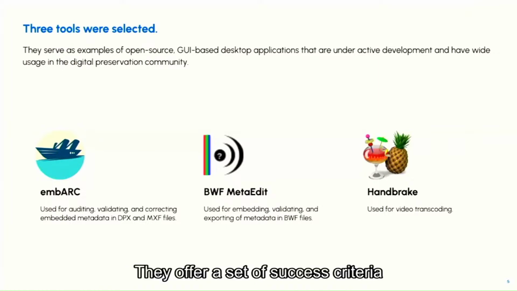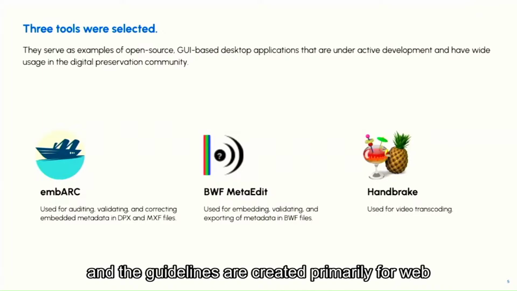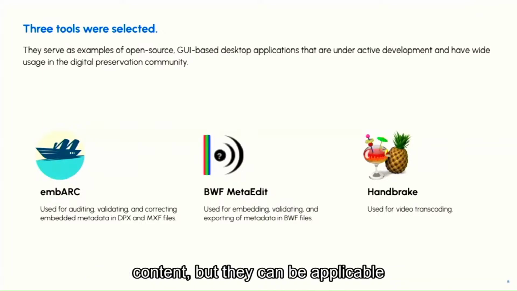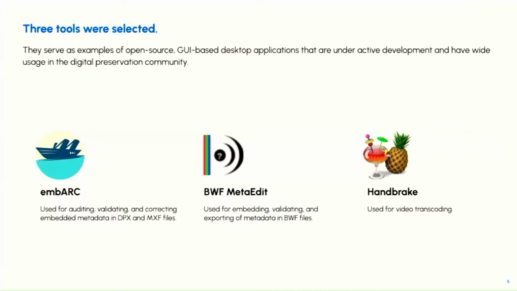They offer a set of success criteria that digital tools can follow and be measured against. The guidelines are created primarily for web content, but they can be applicable or useful for looking at mobile applications and desktop applications also.